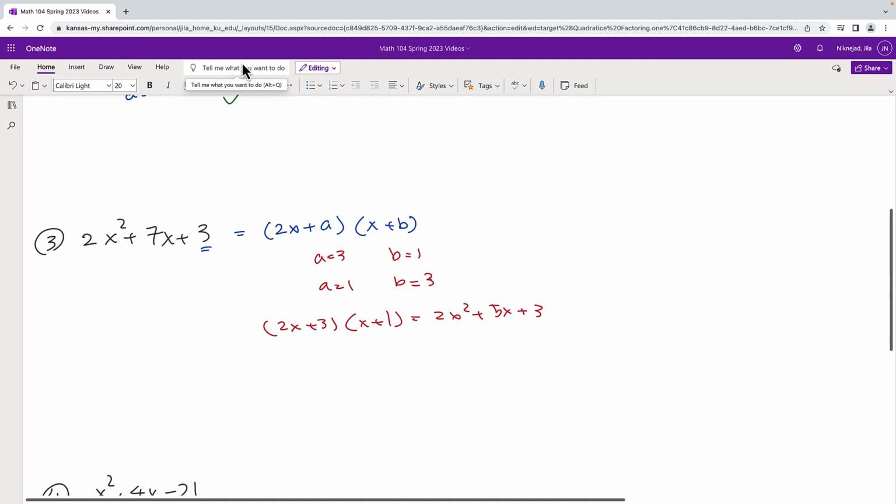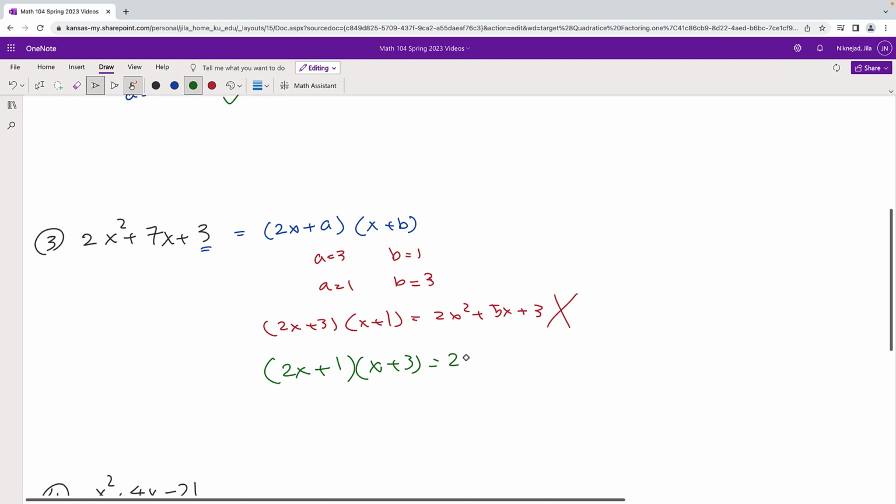This didn't work, so let's put a cross mark here, and let's try the second one. This time 2x, instead of 3, I put in 1, and then x plus 3, and I end up with 2x squared. If I'm foiling, 2x times 3 is plus 6x, and then I have x times 1, so plus 7x plus 3.